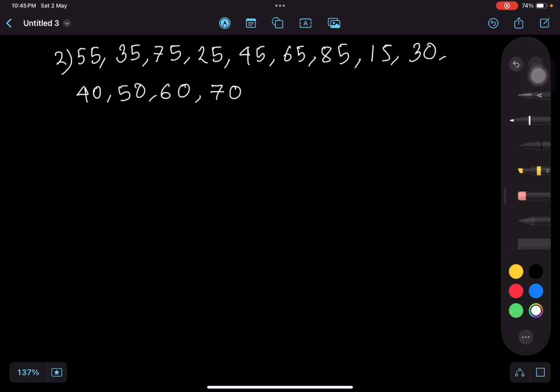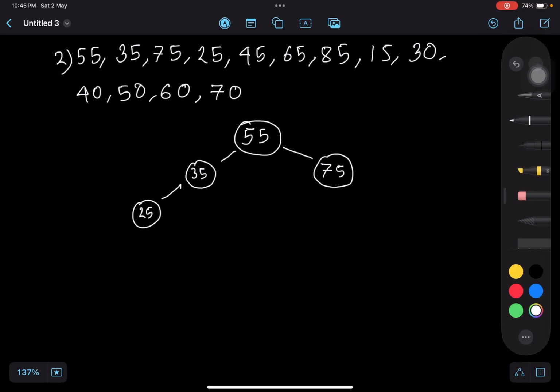Now let's start with 55. Since this is the first number, we put it as the root. Now 35 is smaller, so it goes on the left side. 75 is greater, so it goes on the right side. 25 is smaller than 55 and smaller than 35, so it goes to the left side. 45 is smaller than 55 but greater than 35, so it goes on the right side. 65 is greater than 55 but smaller than 75, so it goes on the left side.